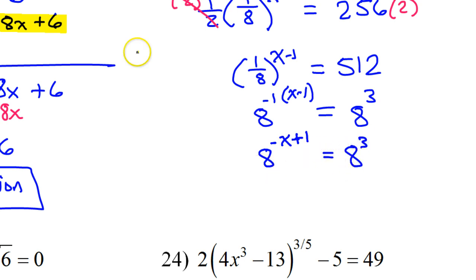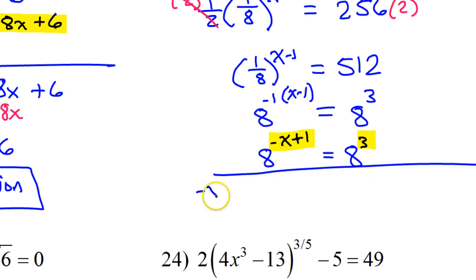Now, if the bases are the same, the exponents must be equal. So this must equal this. So negative x plus 1 must equal 3. I'm going to subtract 1 from both sides.